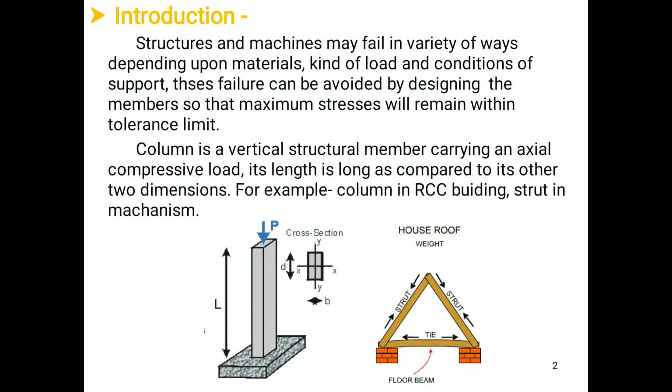An example of a column subjected to compressive load is a column in an RCC building, or a strut, which is also a compressive member used in a truss or in a mechanism.